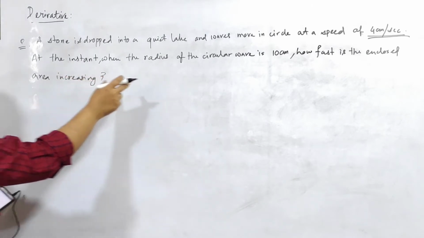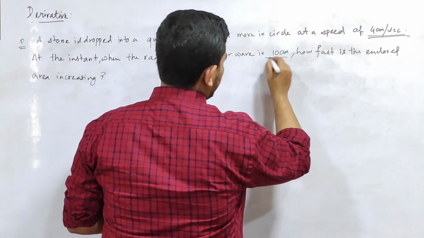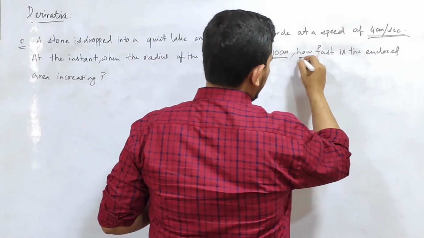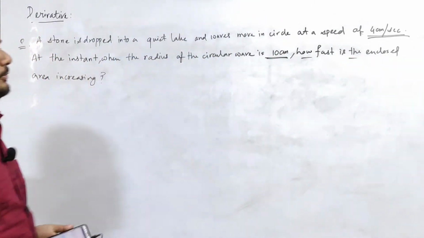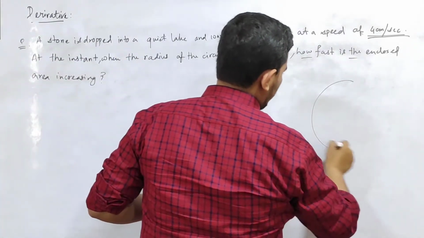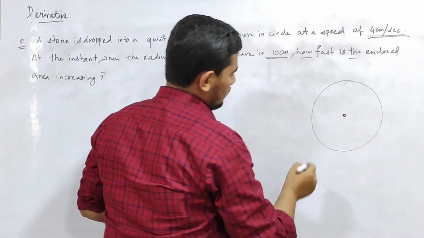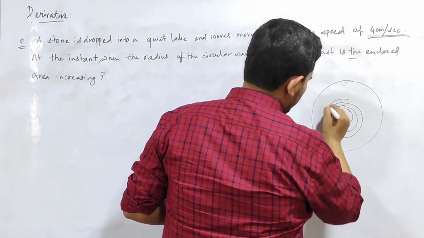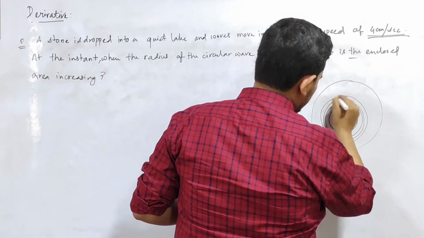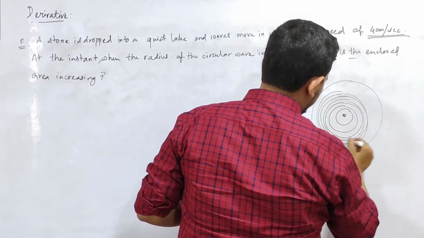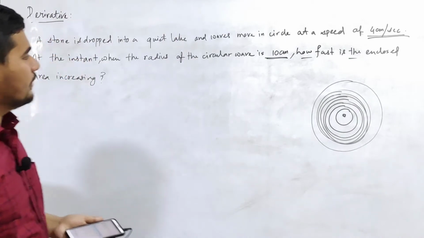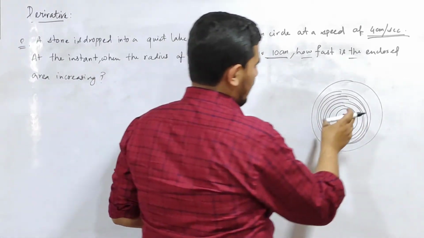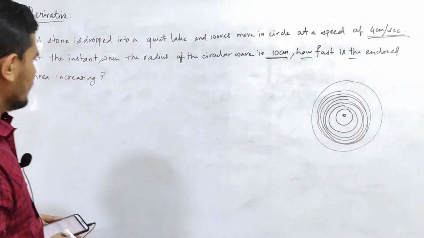At the instant when the radius of the circular wave is 10 centimeter, they ask how fast the enclosed area is increasing. If this is a pond, I am disturbing here, then I can get this kind of waves propagating towards the surface of the pond. So now we are given a particular radius, and at that instant we are asked how fast the area is increasing.